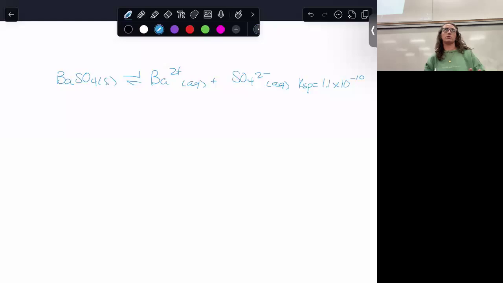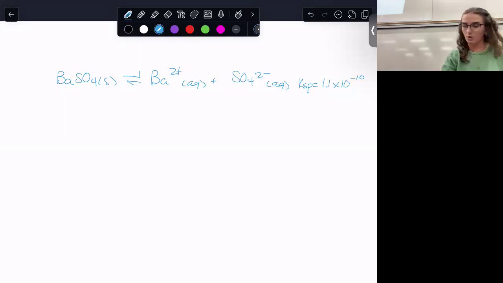What contributes to the KSP when we talk about an insoluble salt? The left or the right-hand side, or both? How would I write the equilibrium expression for KSP? Just the right side, right?